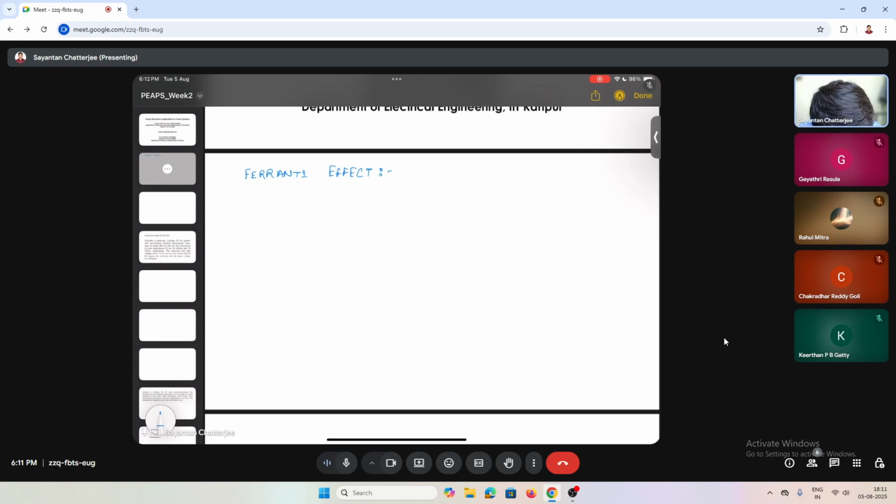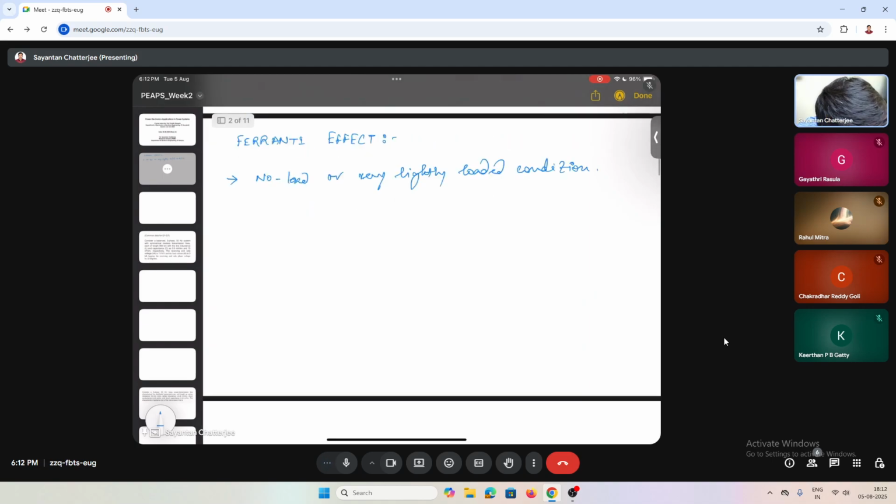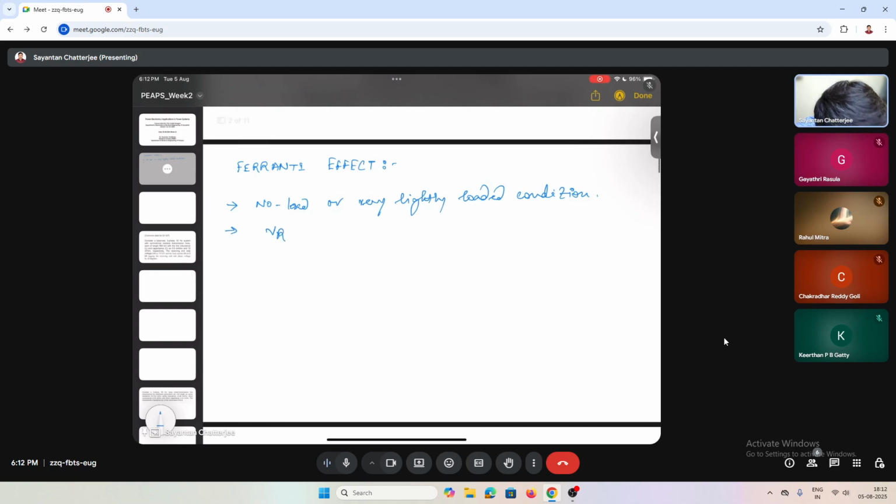So, considering the Ferranti effect, it is mainly, as we have discussed, in the no load condition, or very lightly loaded condition, and VR becomes greater than VS, meaning the sending end is lesser than the receiving end.